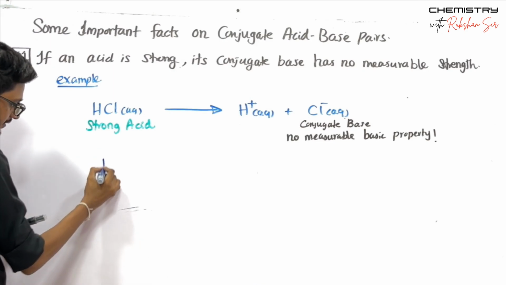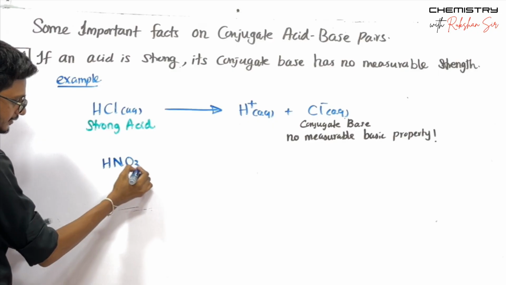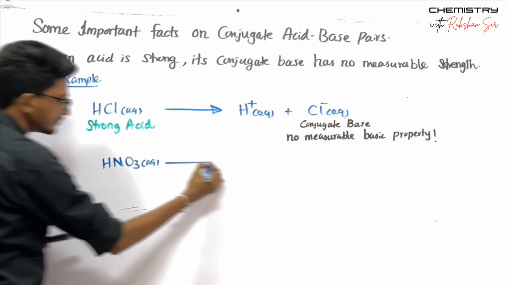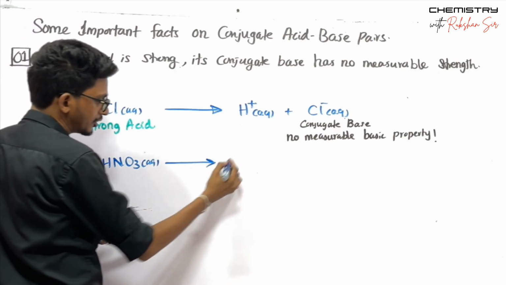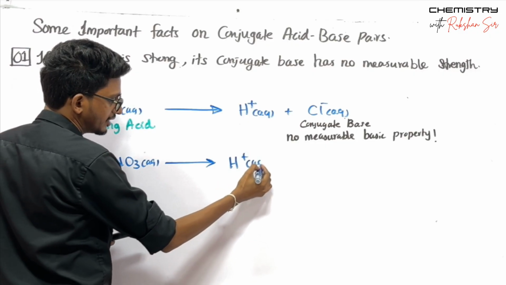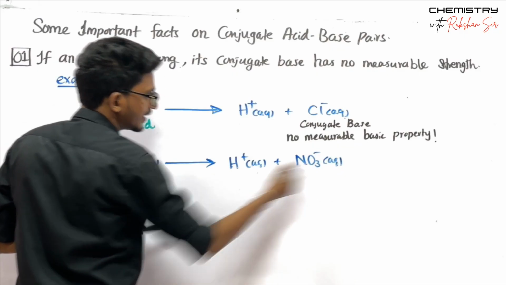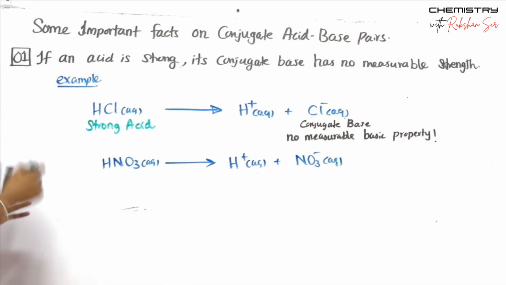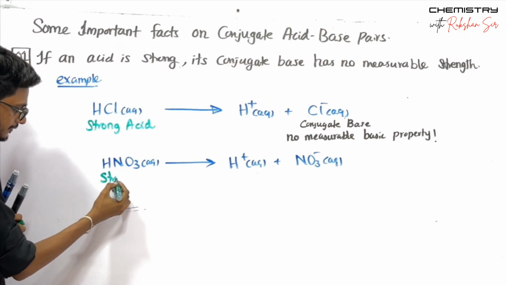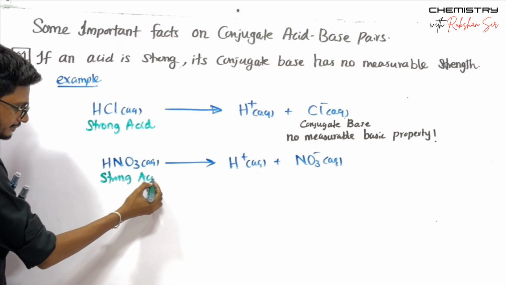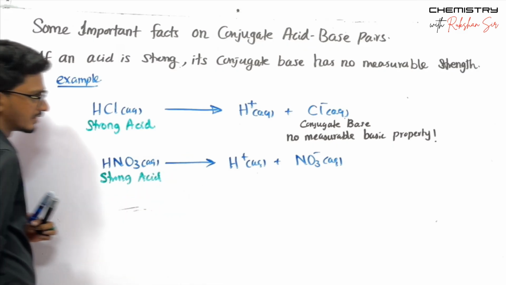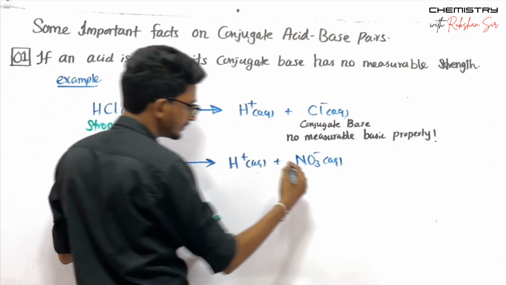HNO3 is also known as a strong acid. So it's a single arrow situation. It will dissociate to H plus aqueous and NO3 minus. NO3 minus, which is the conjugate base of a strong acid, is why the single arrow is there.